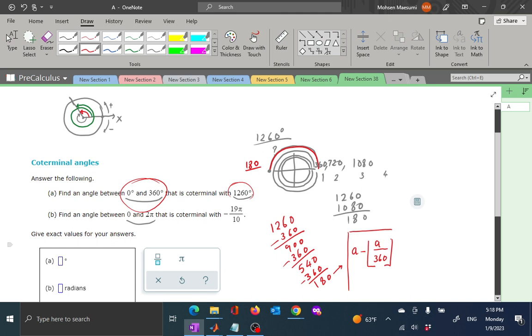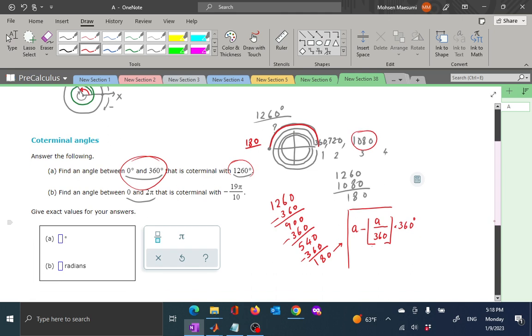So we take our angle divided by 360, throw away the fractional part, just keep the whole part. Whatever this thing is, that's how many times you're going around the circle. Multiply that by 360, so you know how many degrees that's going to be. That's like obtaining 1080 by now. When you subtract it from your original angle, you see what is left, and that is your final answer.